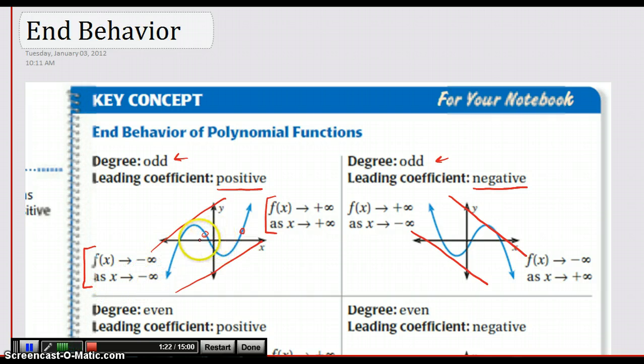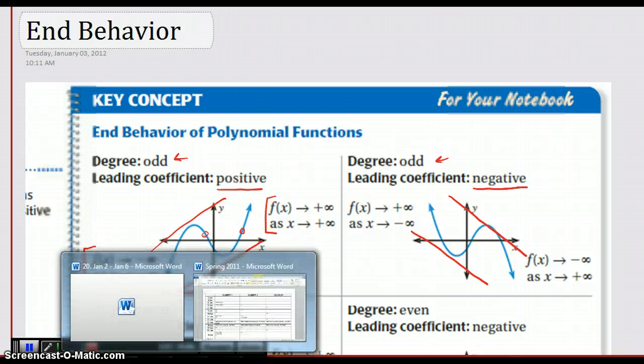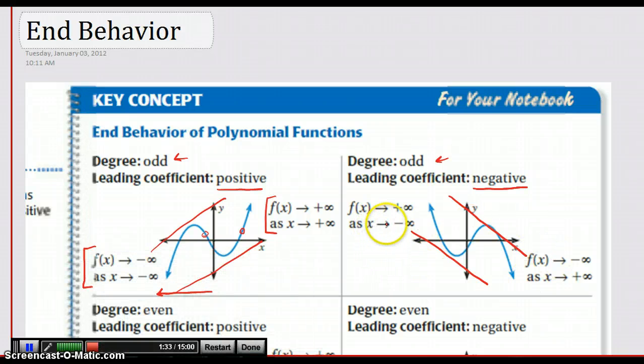So as we decrease our x, as we're looking at lower and lower values of x, our y is also decreasing, and we can see that in the graph. Over here is just the opposite, as our x is decreasing, or as we look at our graph this way, our y's are increasing. We can see that as we go this way on our graph, our y values are increasing.